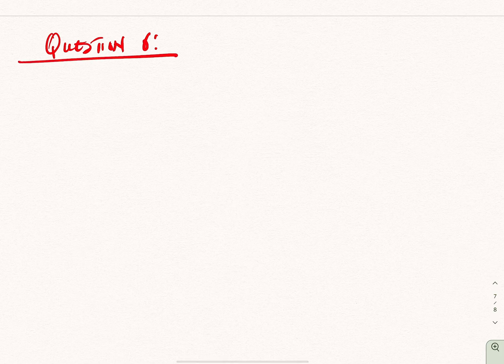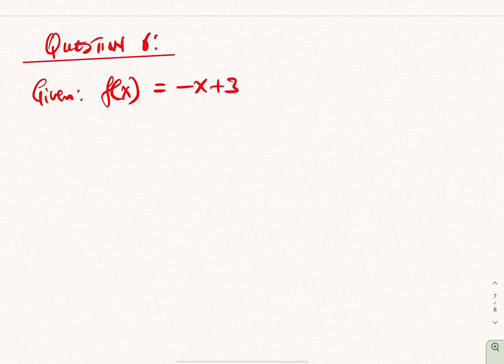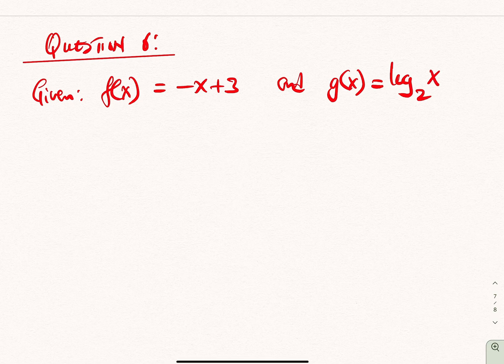They give you f at x equal to minus x plus 3. They also give you g at x, that is a log of base 2 of x. So they wanted you to sketch them on the same set of axes.